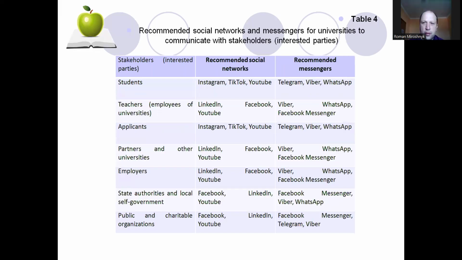And in table 4, we recommended social networks and messengers for the university to communicate with stakeholders, interested parties. For example, for the group of stakeholders teachers and partners and other universities, it is recommended to use the social networks LinkedIn, Facebook, YouTube, and the messengers Viber, WhatsApp, Facebook Messenger.